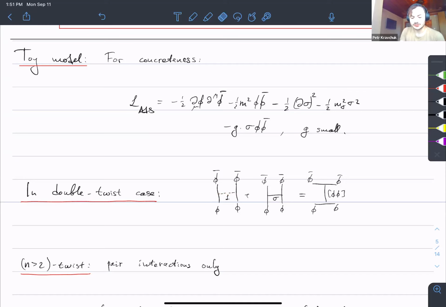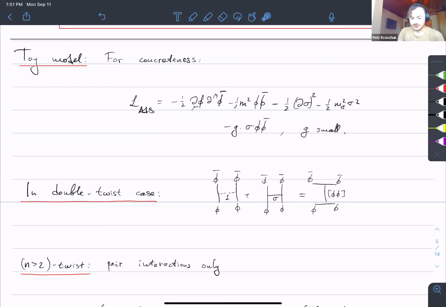So this dotted one is the exchange of the identity operator in the P channel, and also included the exchange of a scalar operator sigma. And asked what does this mean for the anomalous dimension of the double twist operators.